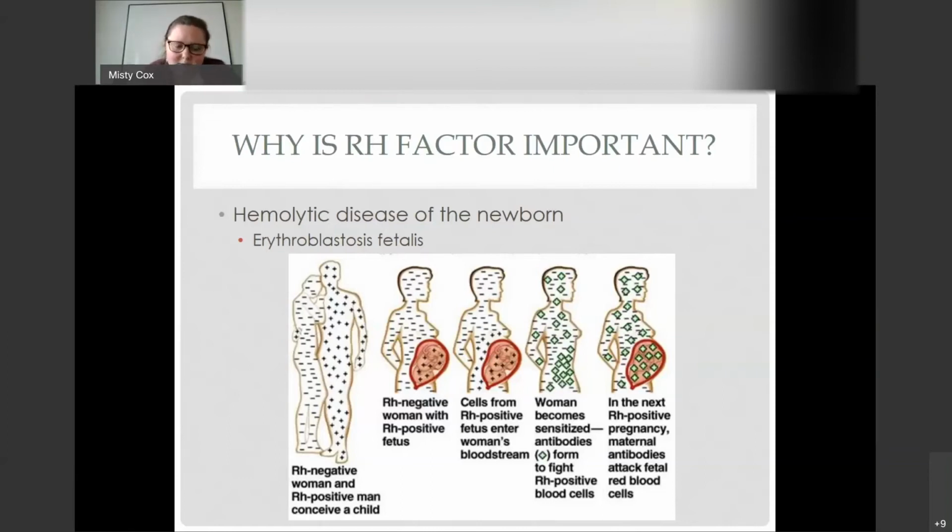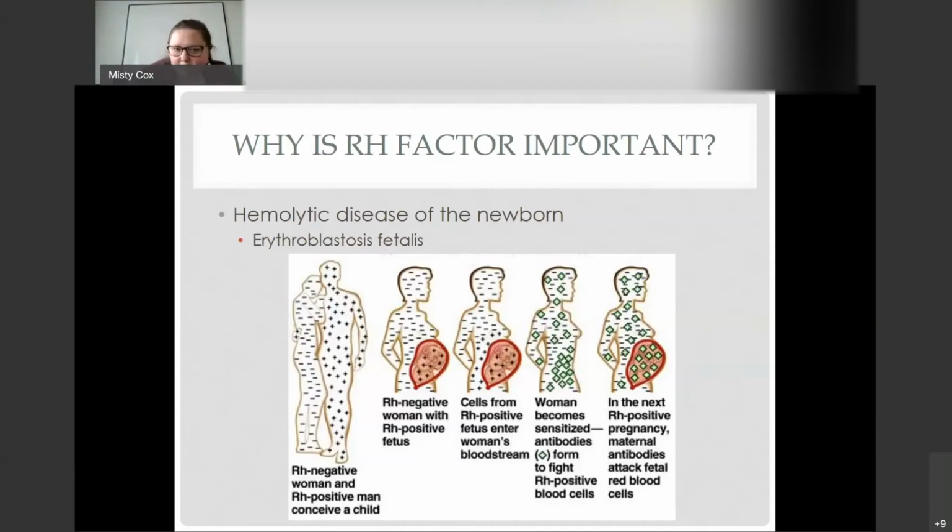So what happens is that an Rh negative woman and an Rh positive man conceive a child. That means that that child is going to be positive, because positive is dominant. Positive and negative, that means positive is going to show up. So mom is now pregnant with an Rh positive fetus. During pregnancy, lots of times mom and baby's blood mixes. When mom and baby's blood mixes, mom becomes what's called sensitized.